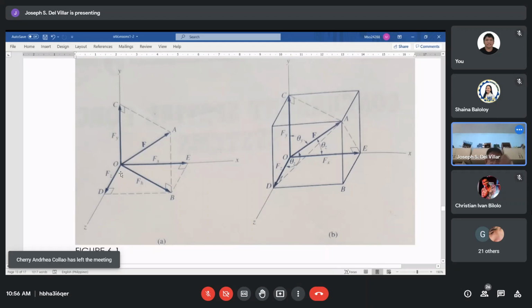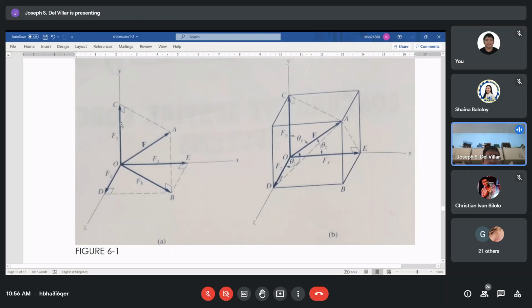So, let's have this given force from the origin up to A. That is the force F along the line of action OA. Now, the x component of F is this one, from O up to E. That is the x component, Fx.